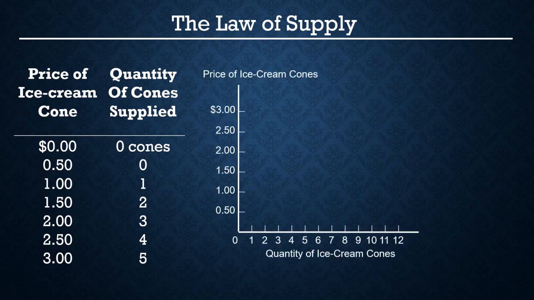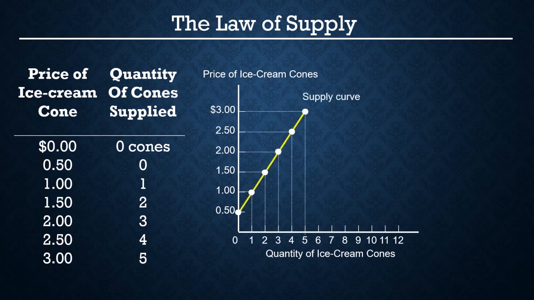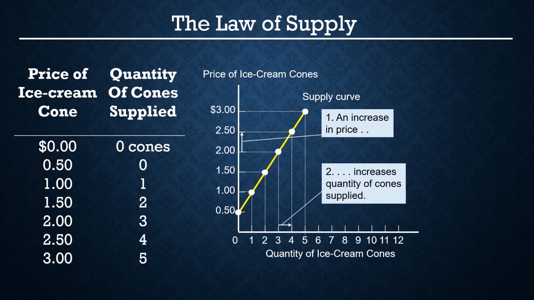We start with the familiar price line and the quantity line. We plug in the prices of ice cream to the quantity of cones supplied. Here we go. We connect the dots to give us our supply curve, and we can easily see that an increase of price increases the quantity of the ice cream cones supplied.